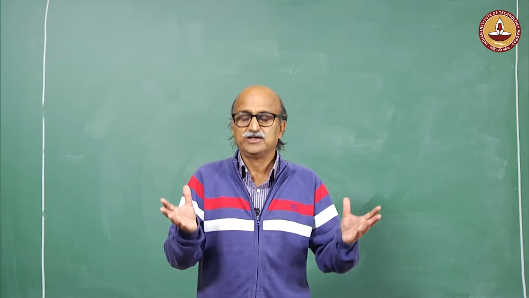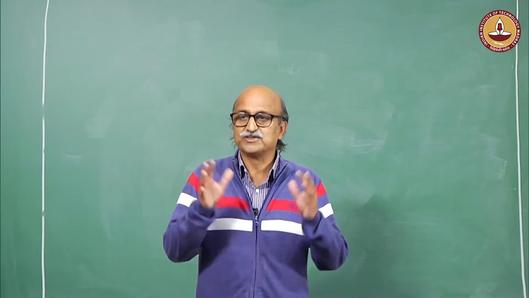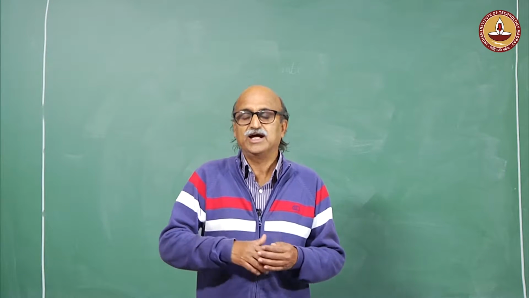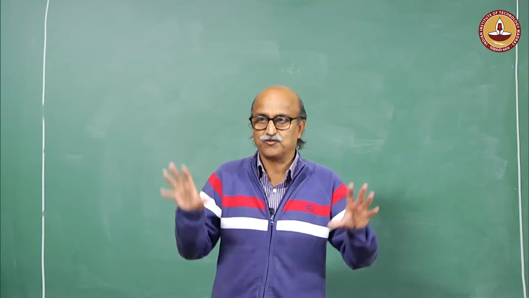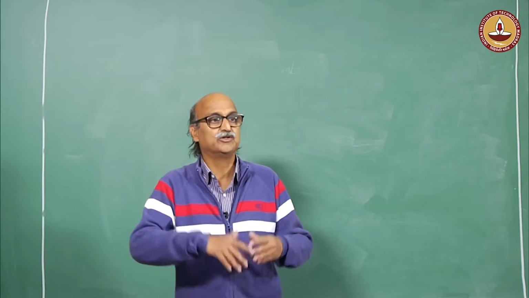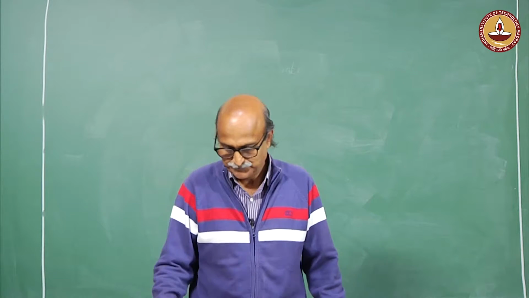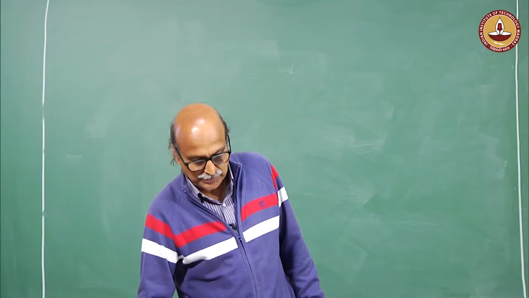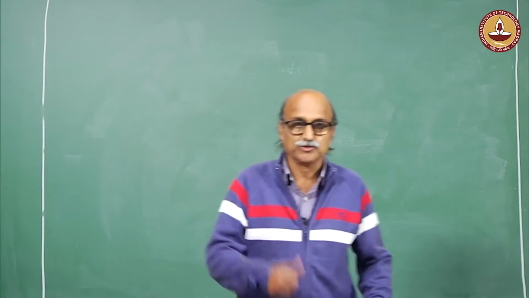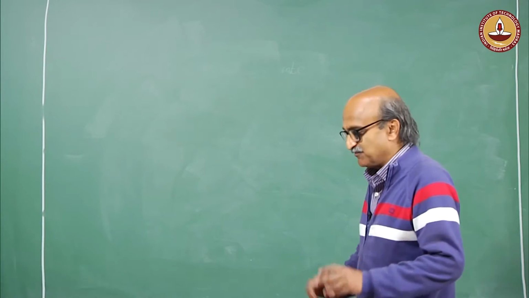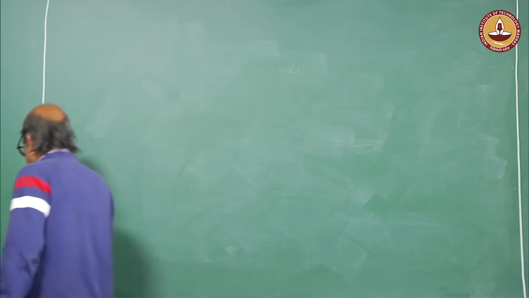We need to have some kind of a definition for our orientation, and then we would require some kind of a probability function for those orientations in order to do that averaging. So, in order to do this, I will just go to the board and try to understand first how we can define orientation.